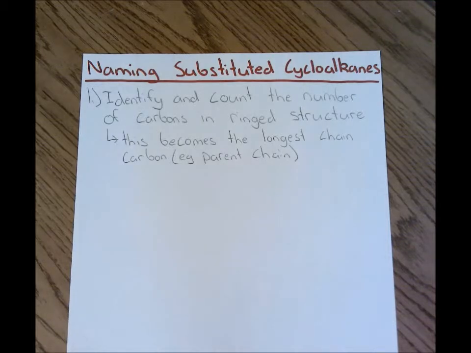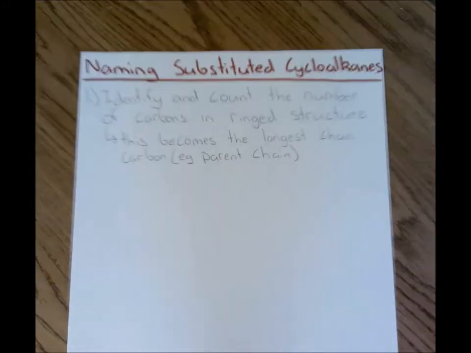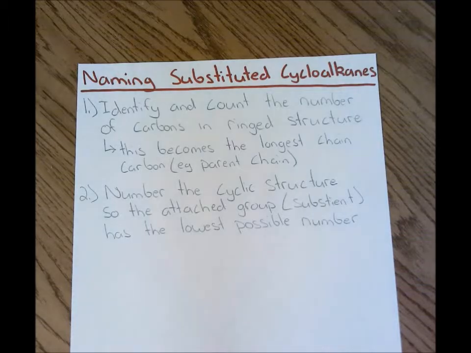In the case where there are multiple attached groups in a cyclic structure, we number in the direction that gives the lowest possible numbers for those substituents. So the name of the game is to get the lowest possible numbers.